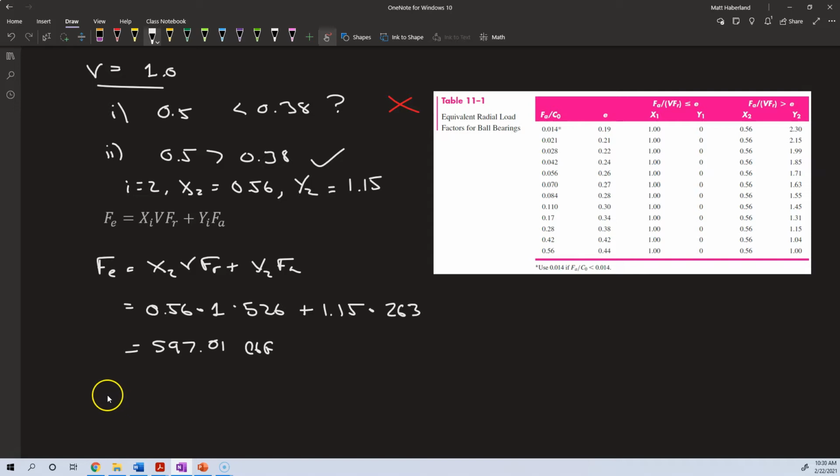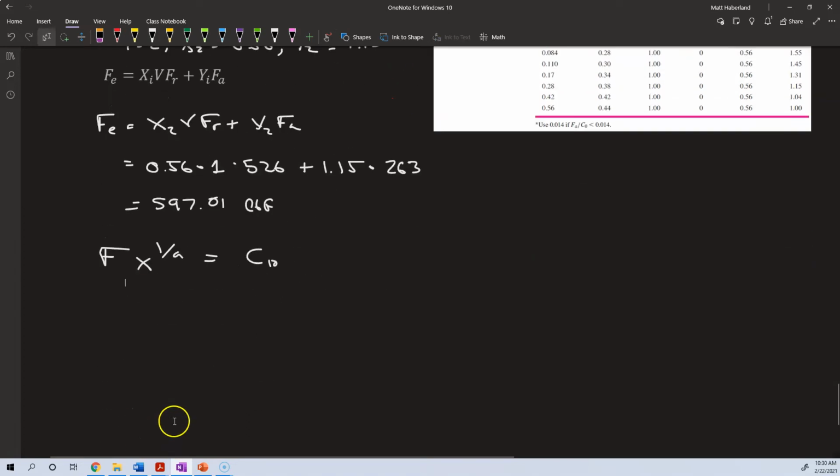So we know that the force that we apply, or a radial load, times X, the relative life, to the 1 over a, is equal to C10. And we want to solve for what is our life that we can handle.